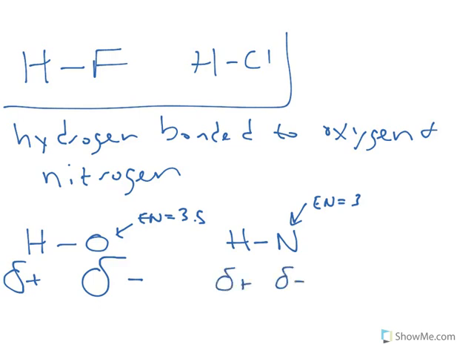But it's significant. So we're going to see hydrogens bonded to oxygens and hydrogens bonded to nitrogens as being hydrogen bond donors. So we'll get into what that means here in a moment. Next thing we need to talk about is something called a hydrogen bond acceptor.